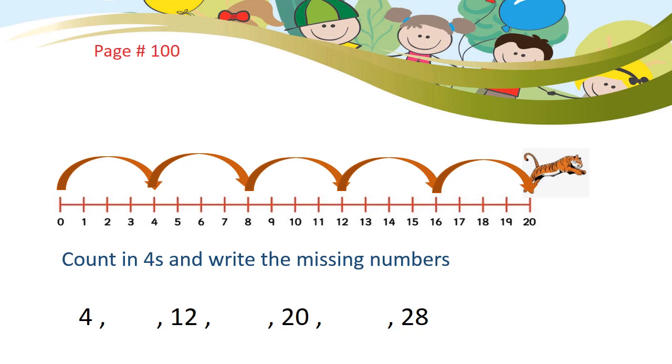We start with the number 4. We skip 3 numbers 5, 6, 7 and write 8 here. After skipping 3 numbers 13, 14, 15, we write 16 here, and after skipping 3 numbers 21, 22, 23, we write 24.